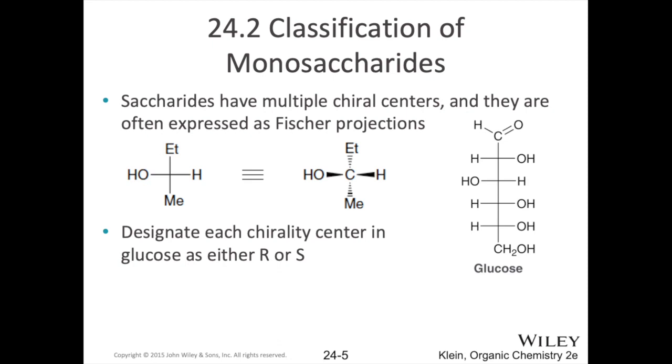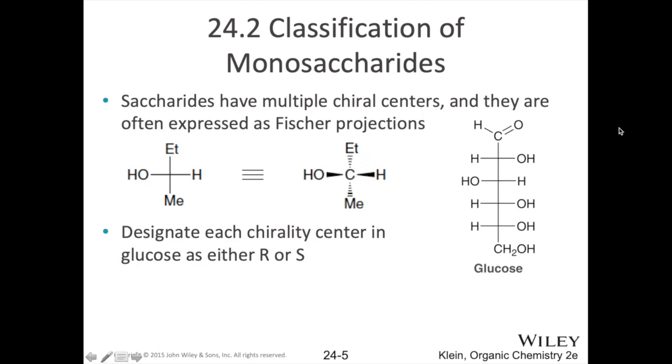Okay, so here's a Fisher projection. We talked about Fisher projections way back in the first semester when we were just talking about how to represent molecules in general. And Fisher projections are very convenient here because of all those chiral centers in the middle of our molecule.